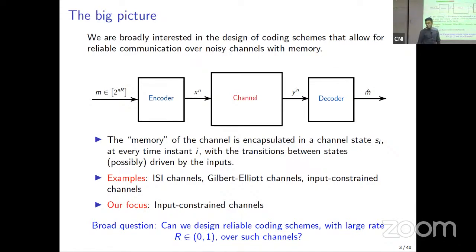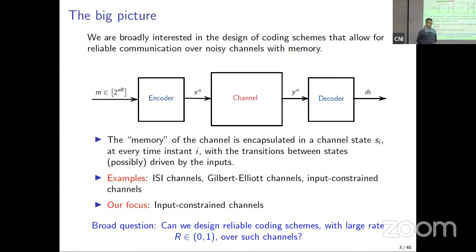One more thing. When you say input constraint channel, what I remember is that your inputs are constrained to come from a set, right? But how is the channel involved? Yeah, the channel requires the inputs to belong to a certain set. It's not clear what the input constraints have to do with memory.